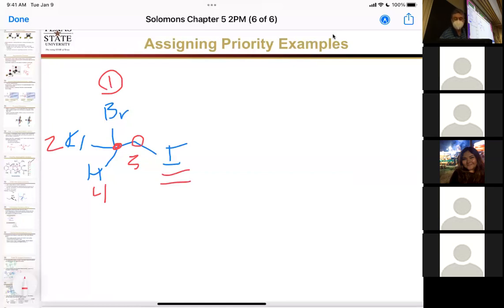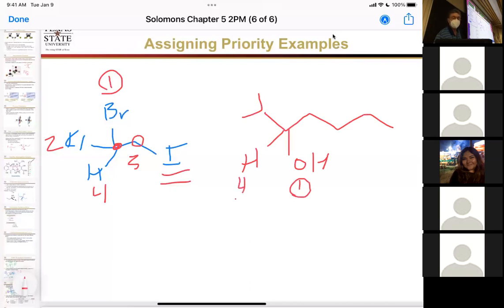The other thing to do would be something like this. Okay, so obviously the oxygen is going to be 1 and the hydrogen is going to be 4. So now we have these 2 to deal with. So we have this one right here and we have this one right here. So we got a butyl chain and we got an isopropyl.